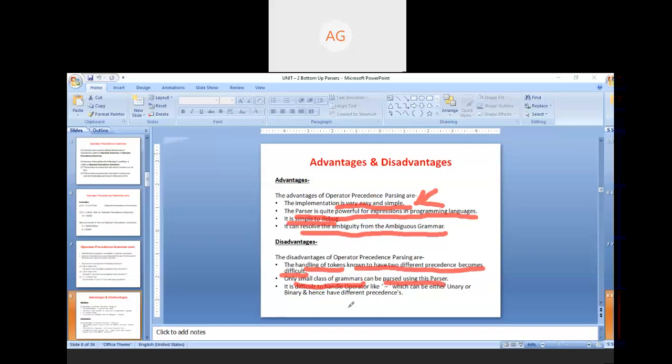The third disadvantage is that it is difficult to handle operators like minus, which can be either unary or binary and hence have different precedences. As you know, the minus sign has two types of operations.